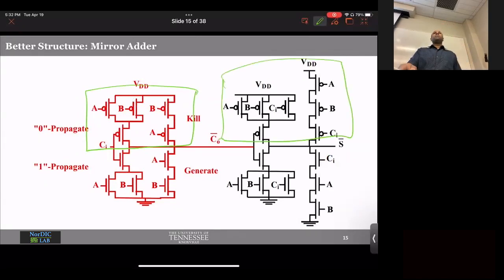Do you see any problem? Yes, it is mirrored. That's why the name mirror adder. But the PMOS branches in CMOS circuits should be complementary to the NMOS branch. Whenever you have series connection, PMOSs should be in parallel and vice versa. But they are not for this circuit. Why? And how is it even working?